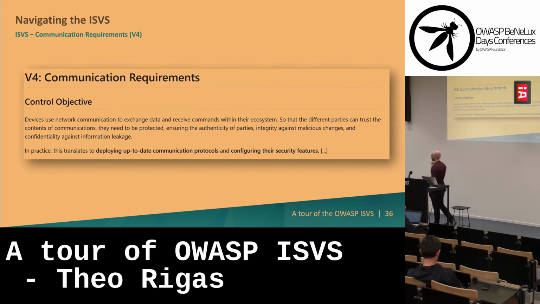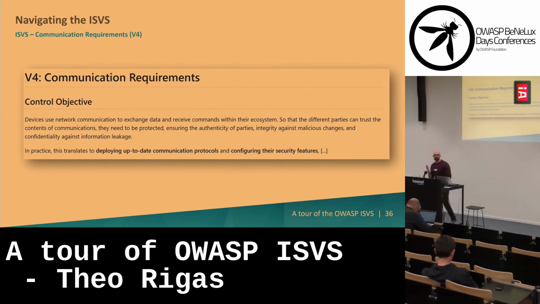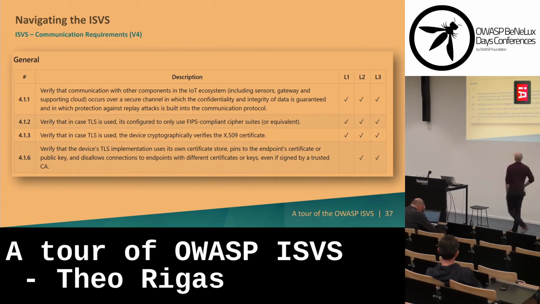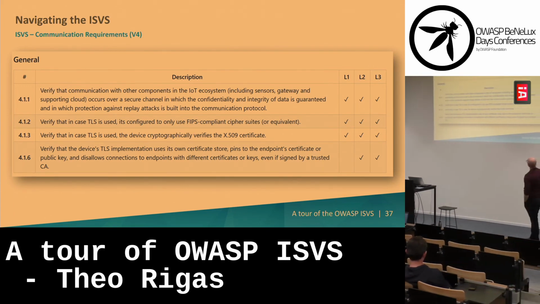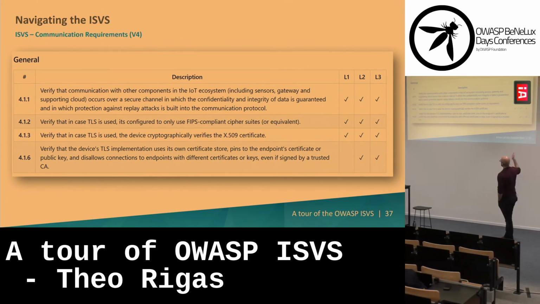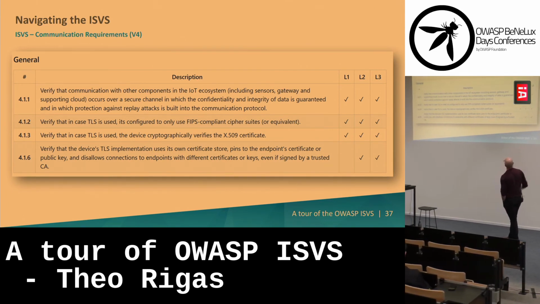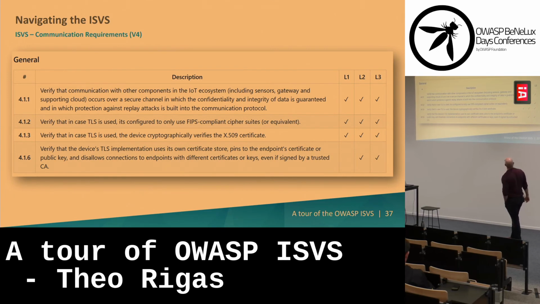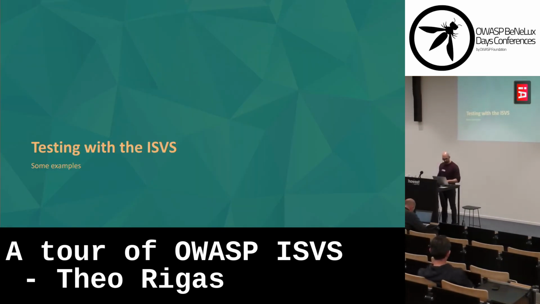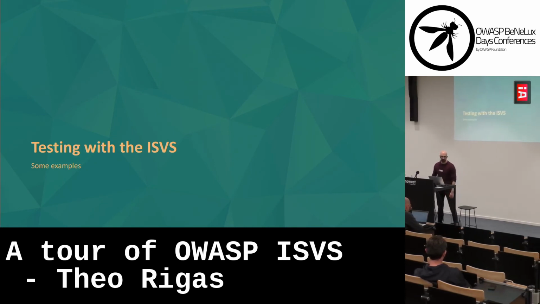So they have requirements about Wi-Fi, Bluetooth, LoRaWAN, etc. And this is an example of the general requirements, and I think it's exactly what I told you. So verify that all communications occur over a secure channel, and then if TLS is used, verify that TLS is configured correctly. And since I've already showed you what's in Chapter 5, which is about hardware, this basically covers the entire ISVS, the 5 sections.